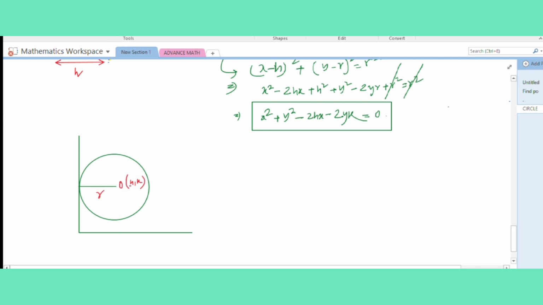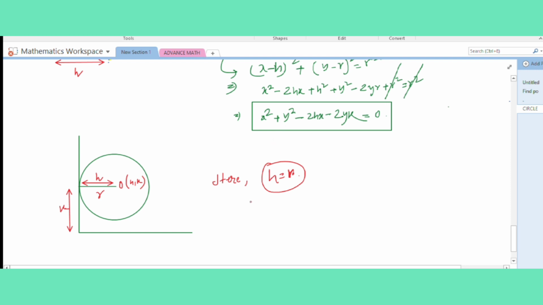Now if this is (h, k), definitely this portion represents h, and this will be k. Here, sorry, this will be k and this will definitely be h. So here h equals r.